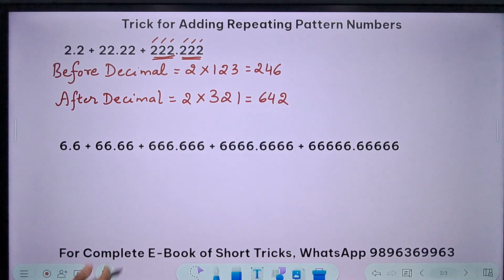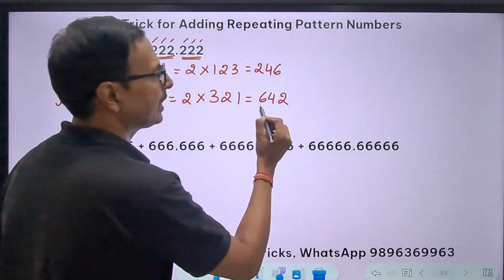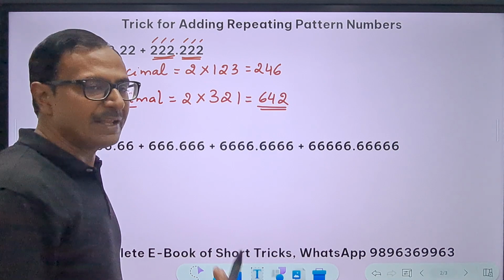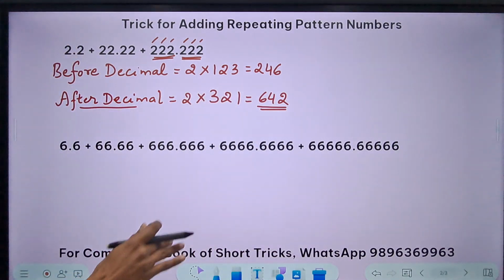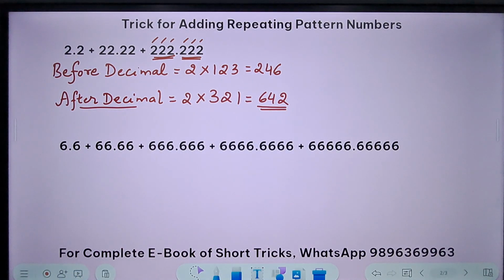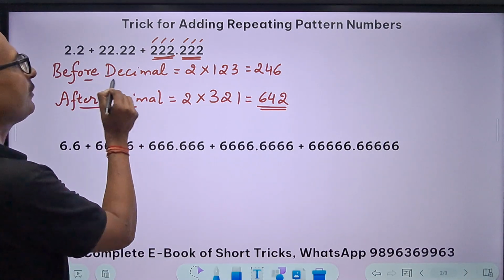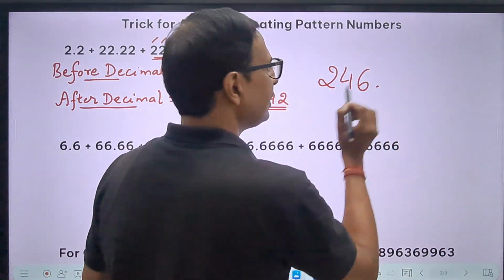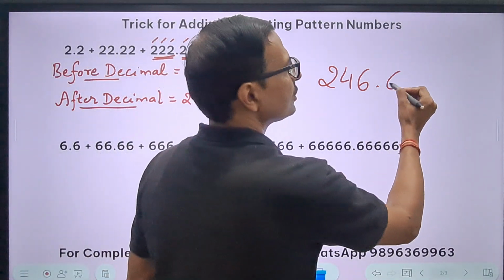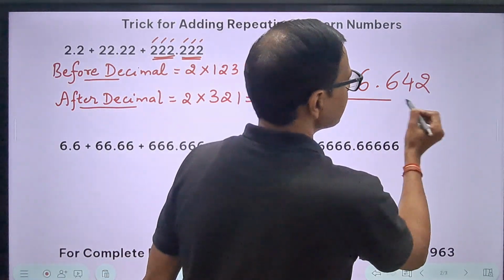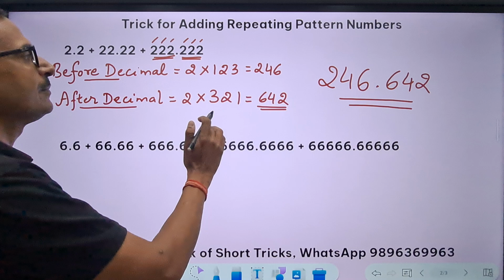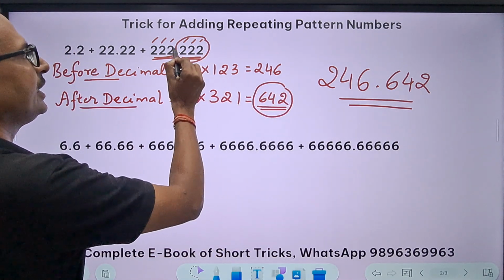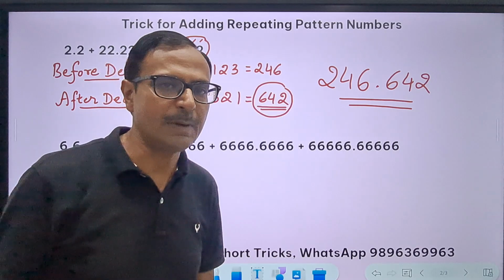Now since after decimal I am getting a number having 3 digits, and here also we have 3 digits, so finding the correct answer for this question is not going to be difficult job, because the number before decimal is 246, so I'll write 246, decimal I'll write the 642. So that gives me my correct answer for this question. It looks very simple because the number of digits I got here are equal to the number of digits in the last number after decimal place.